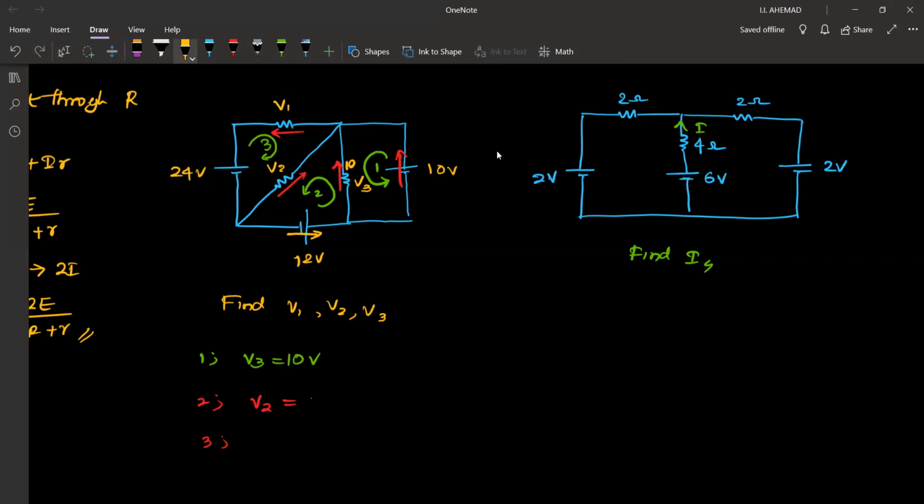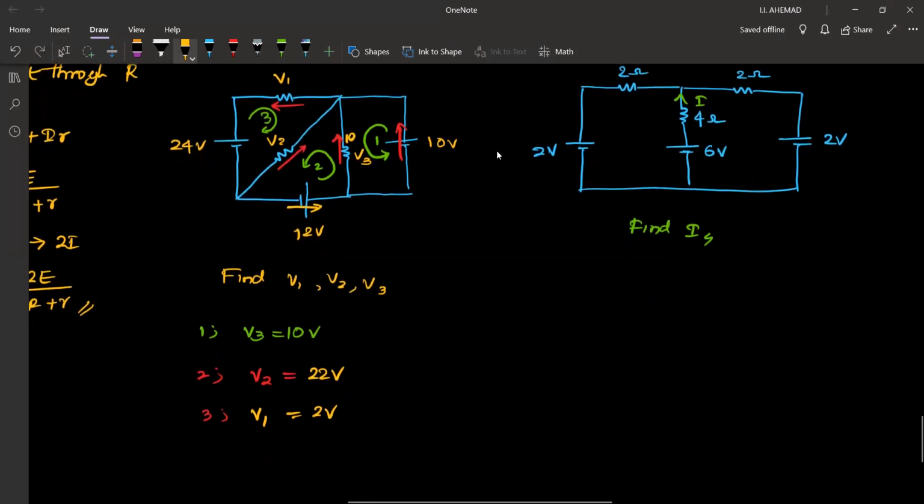So V2 is 22. Is that clear? Rahama, is it clear?